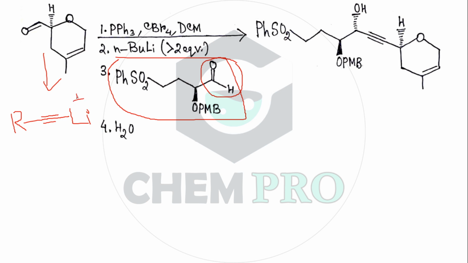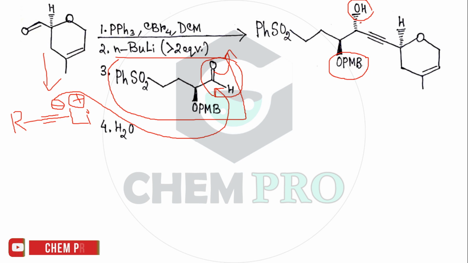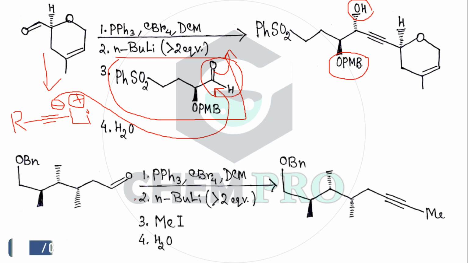Okay, and the negative charge on the sp carbon will attack this aldehyde and make the aldehyde into an alcohol. Okay, and because this bulky group is above the plane, the alcohol in the product will be below the plane. Okay, next example is this.